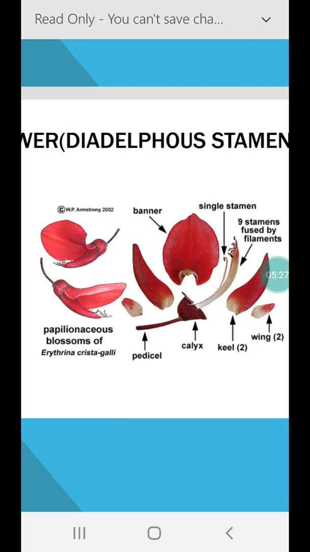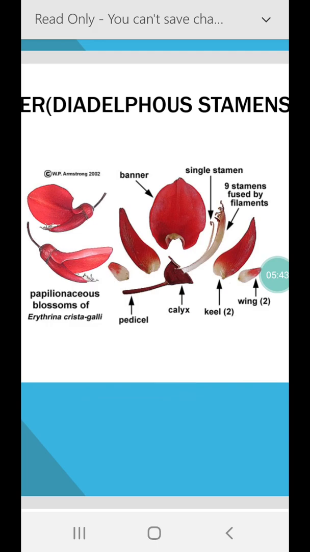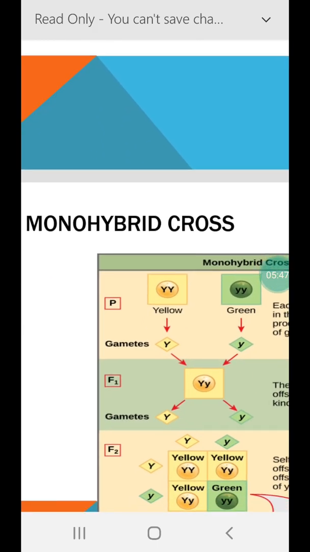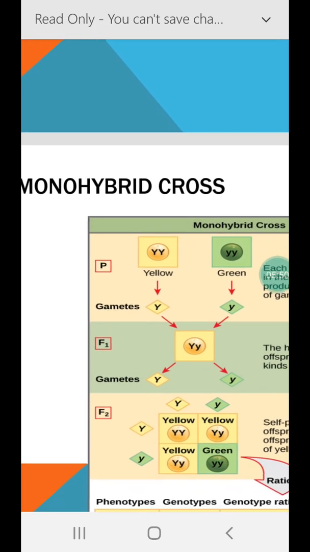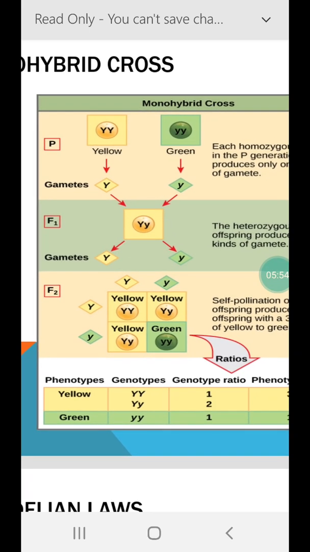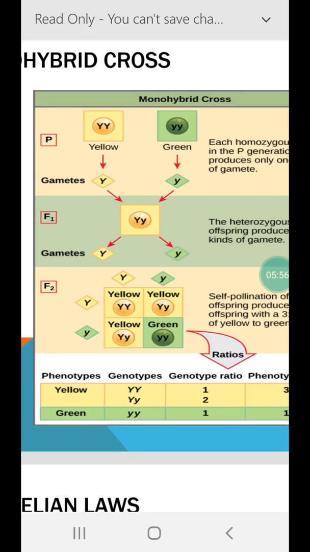This type of flower helped him to experiment very easily, and he was able to raise a number of generations F1, F2 and F3 from the same pea plant. When he selected only one characteristic to cross, that was called a monohybrid cross, meaning only one characteristic is taken at a time.